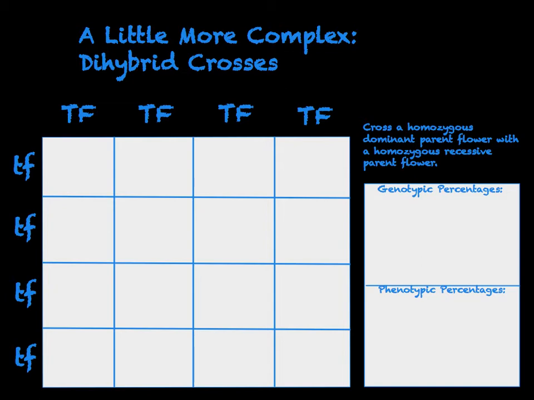So you wouldn't do lowercase t and capital F. No, that is totally not right. You would line it up with its respective allele. So you would do dominant T with recessive t, and then dominant F with recessive f. You just keep doing that across the entire table.